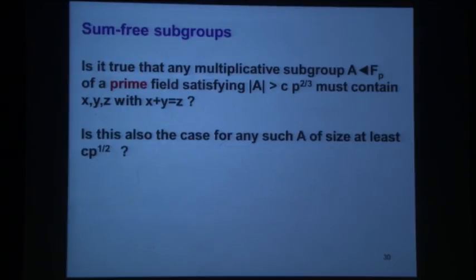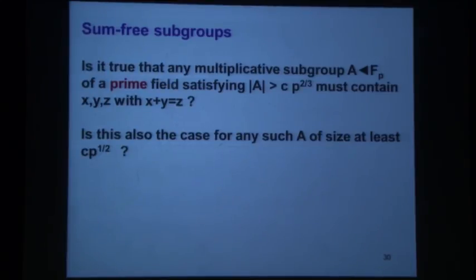And then about these sum-free subgroups, of course, we had a big gap between the upper and lower bound. So we asked how big should a subgroup be so that we can get one additive relation. Forget even the more complicated structure, just one additive relation. So it's between p to the 3/4 and p to the 1/3. And the question is if p to the 2/3 should be enough if we assume some common conjectures in number theory, something about square root n cancellations in multiplicative subgroups.